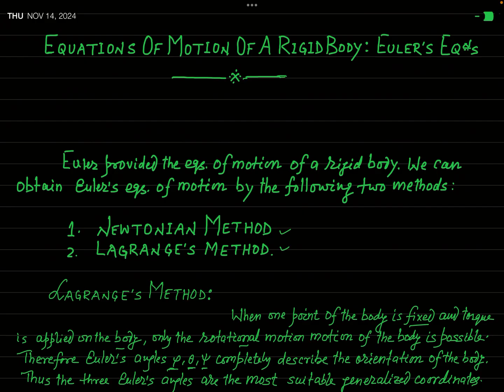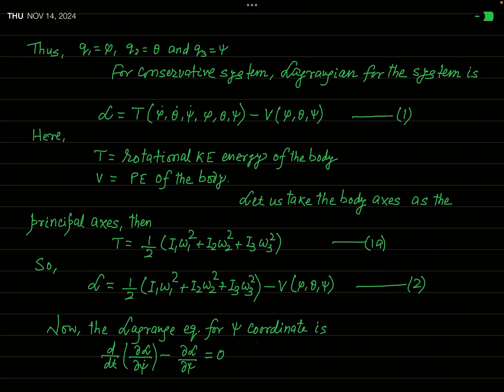So we select the generalized coordinates phi, theta and psi, which are called Euler's angles, and you have a concrete idea of them from your previous lecture.